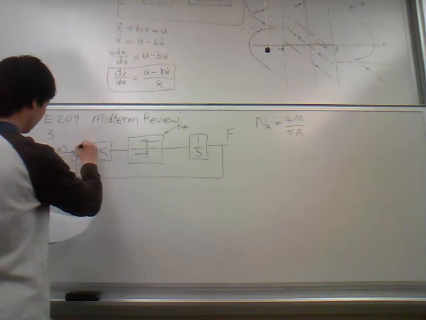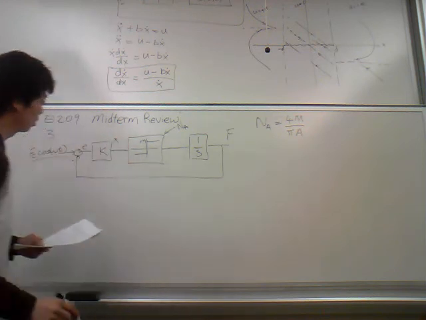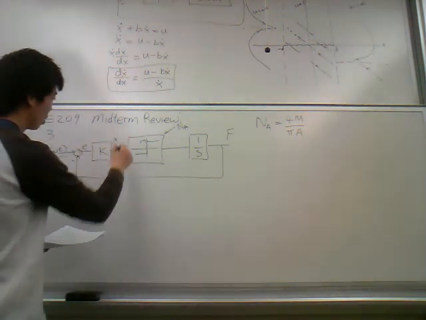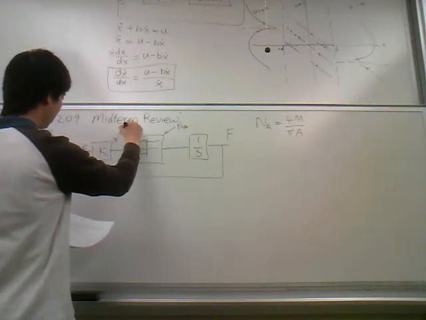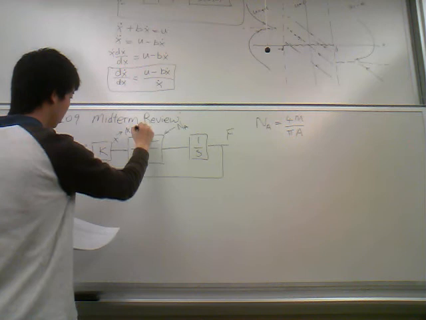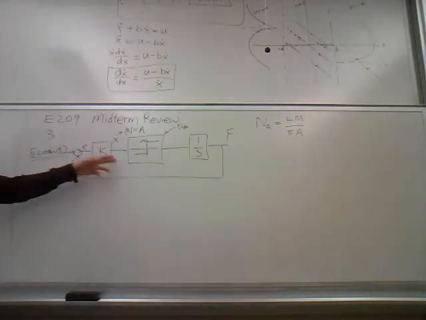So we can call this E and we call this X, where the magnitude of X is the amplitude that's going to our nonlinearity.